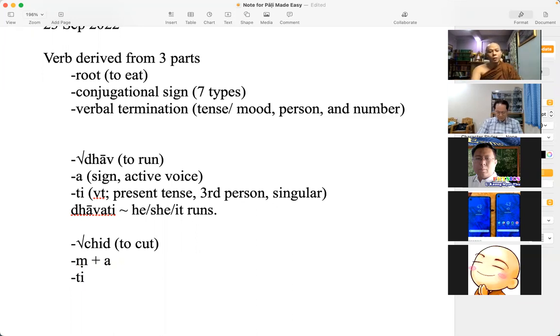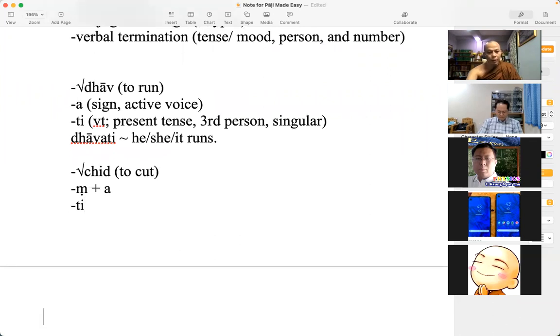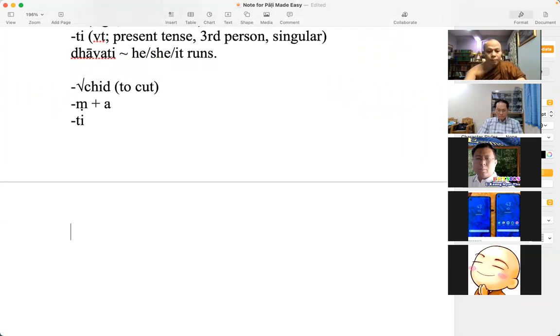So at that time, now we have the final form. Actually, instead of a blank sign it should be a hyphen sign. Okay, that means chid. After that, we should understand the neither and the ti. So the place of the neither is before the last consonant in the root.